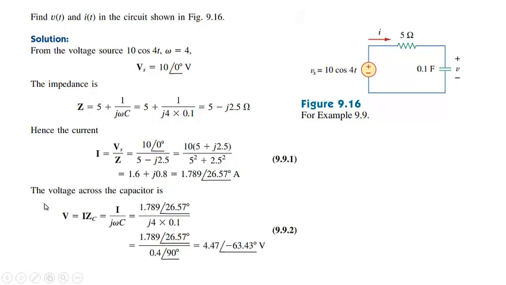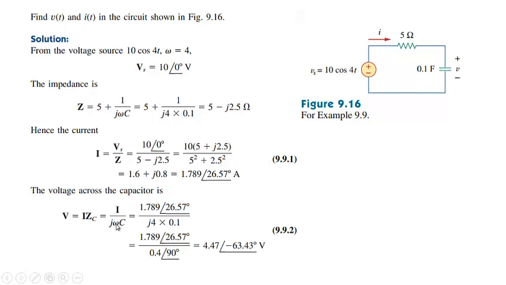This is in the phasor form. We haven't converted it into the time domain form. It will be simple. In time domain it will be 1.789 cos of 4t plus 26.57. So the voltage across the capacitor will be the current that is flowing through the capacitor, the same current, multiplied by ZC, whatever its impedance is.